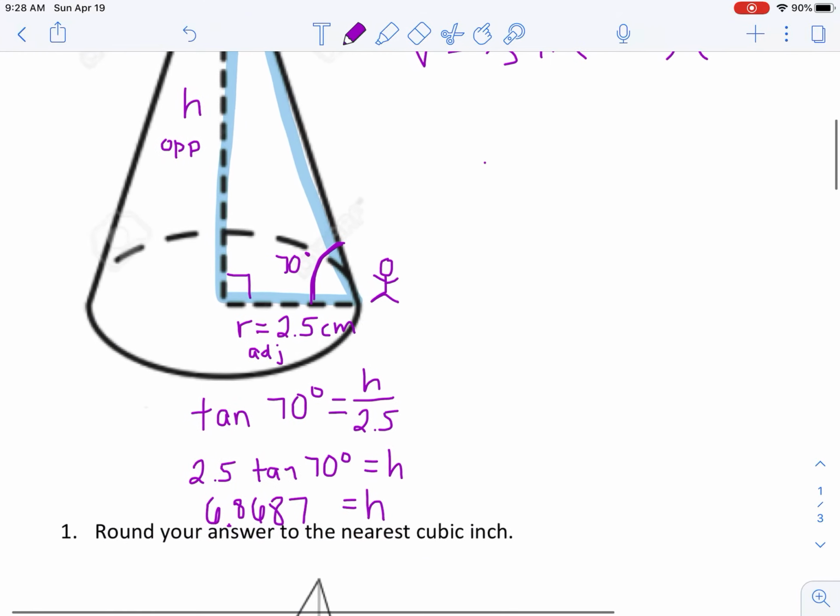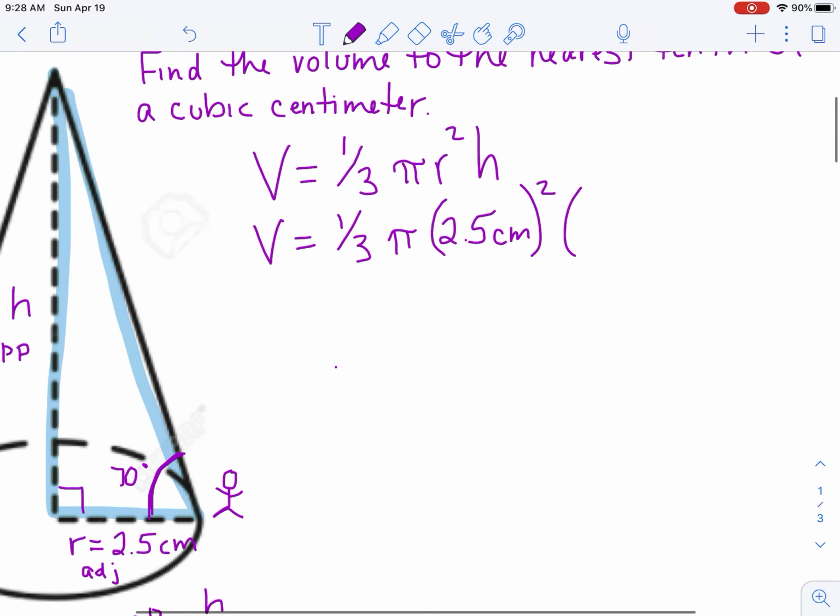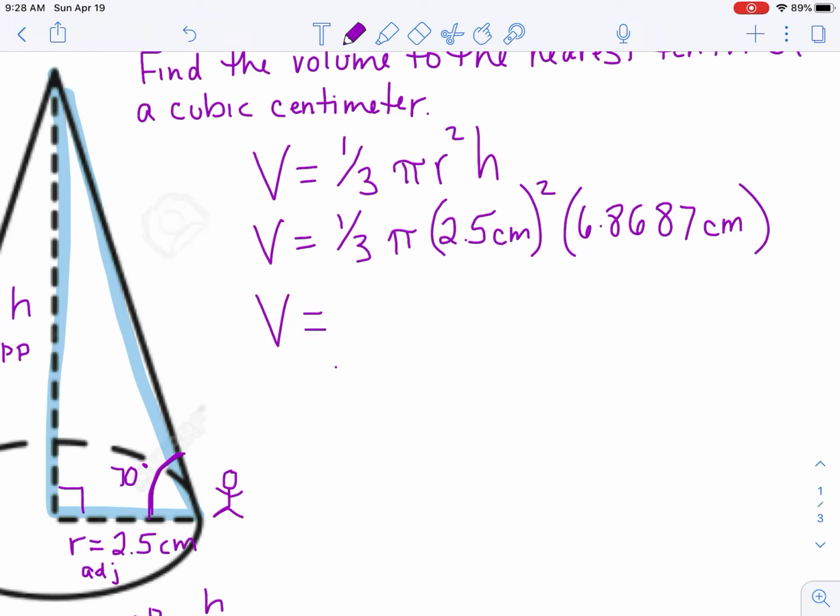Now I can put this height in over here. 6.8687. Since I want to round to the nearest tenth of a cubic centimeter, I just put all of this in. Remember, use the pi button. It's in the bottom left part of your calculator.